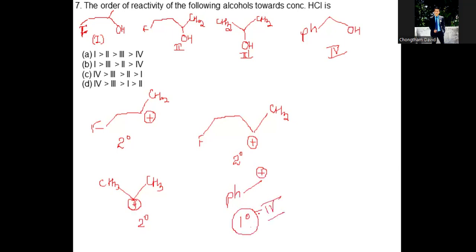This is the most stable benzyl carbocation, or you can write it in the form of a ring. So as I have told you, remember that the presence of an electron withdrawing group destabilizes the carbocation. Thus, structure number 1 and structure number 2 are less stable than structure number 3 because the presence of electron withdrawing group EWG destabilizes the carbocation.